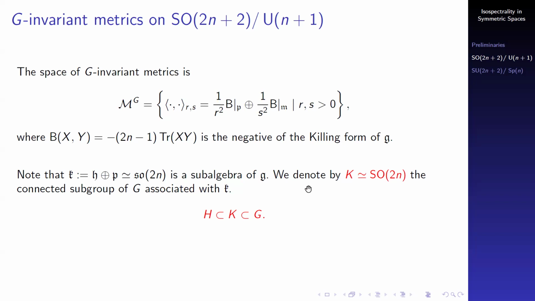And we can take K to be the connected subgroup of G with Lie algebra H plus P. And in this context, we have the following: H is contained in K, and K in G. And this is going to help us to solve the problem of studying the spectrum of the Laplacian.